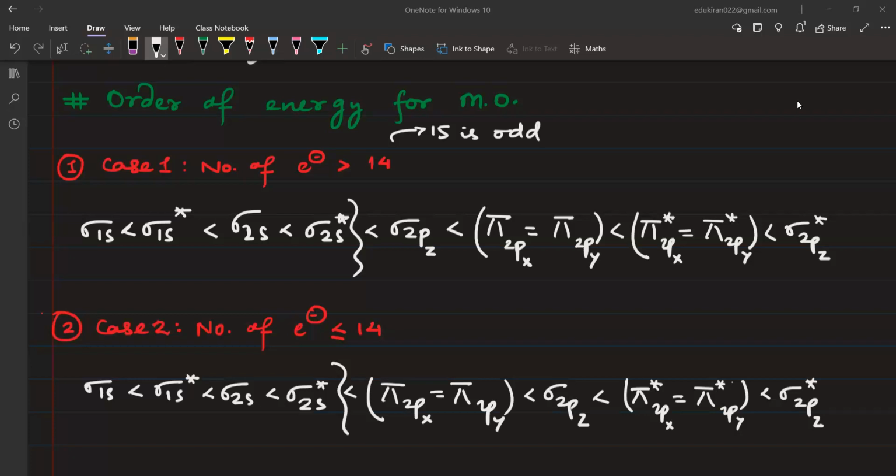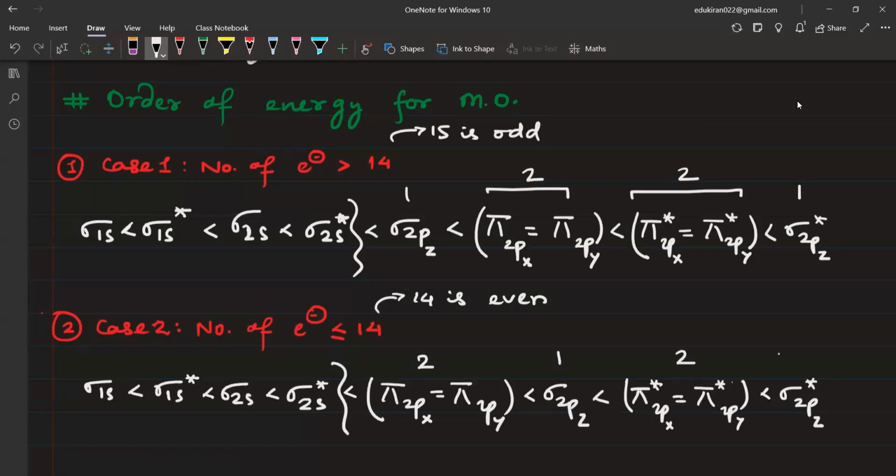Very good. So you will write 1 2 2 1. Will you remember 1 2 2 1? Yes, sir. And what is the number of elements equal to 14? So 14 is what? 14 is even. And from even you will remember 2, so you'll have 2 1 2 1.